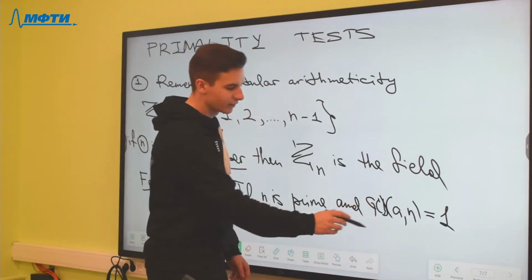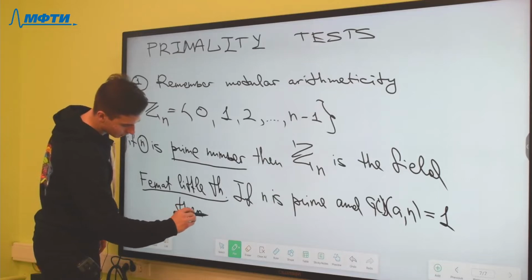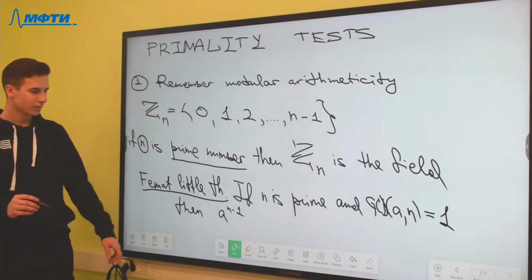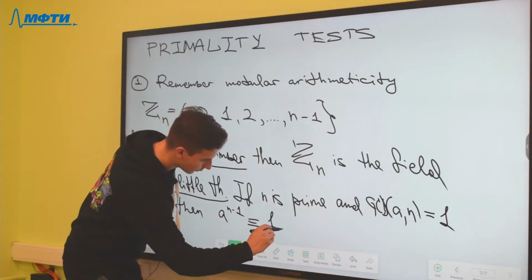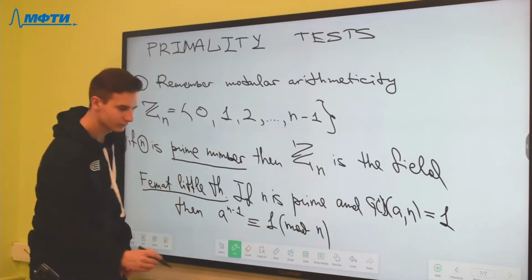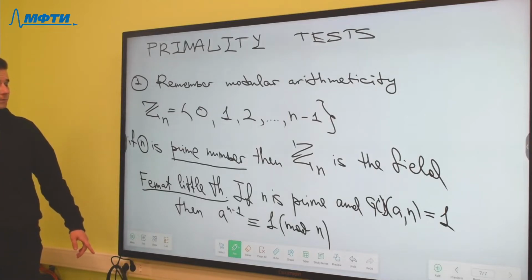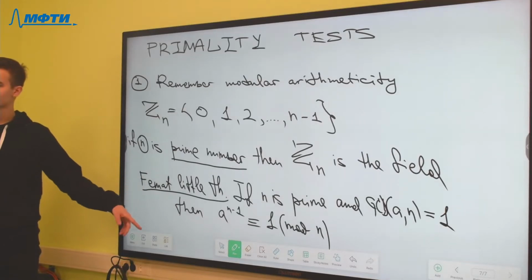And if it is equal to 1, then a to the power n minus 1 equal to 1 mod n. Remember it? And do you know the proof of this theorem? No?